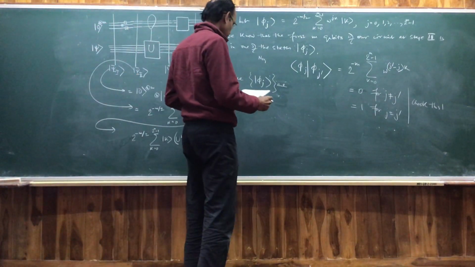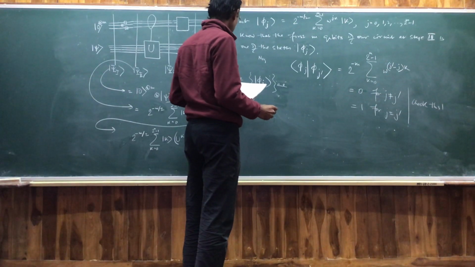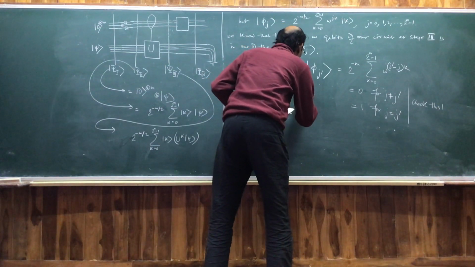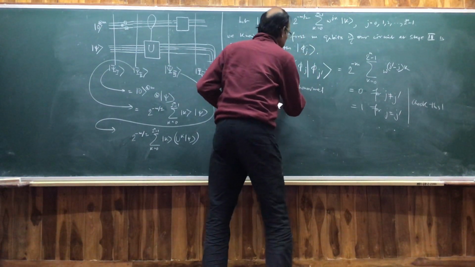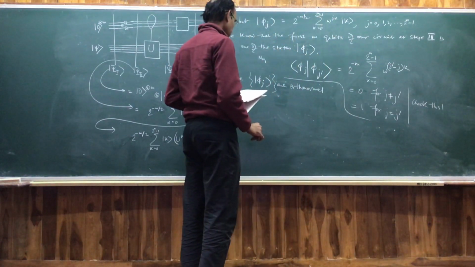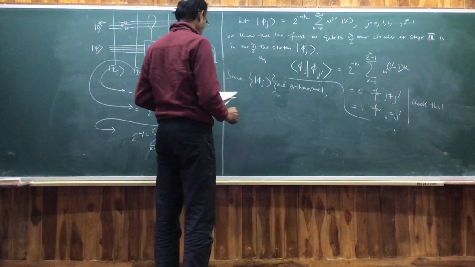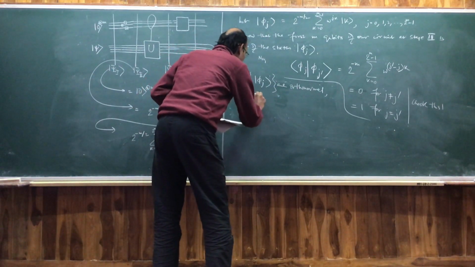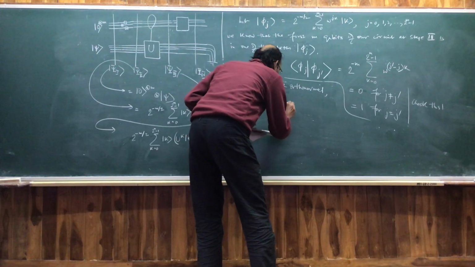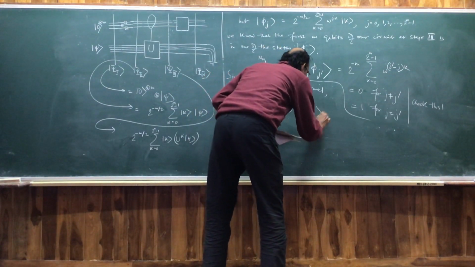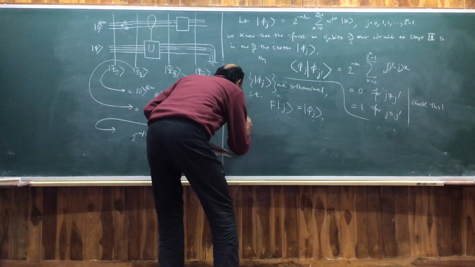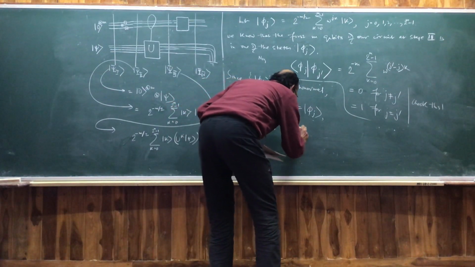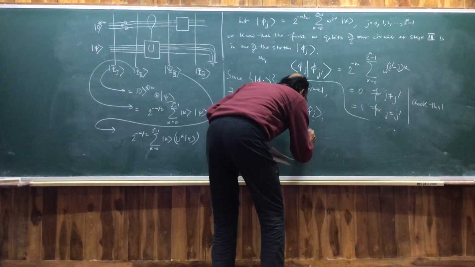So just a few more lines. Since these are orthonormal, there exists a transformation F such that F of j equals phi j, the discrete quantum Fourier transform.